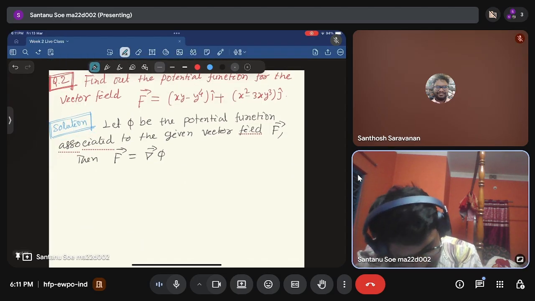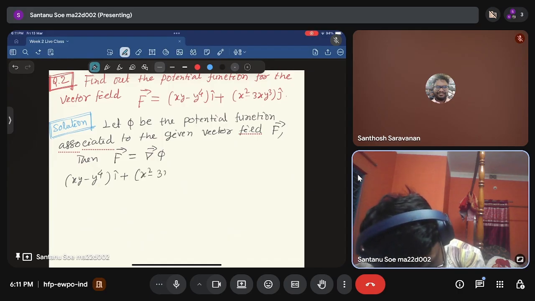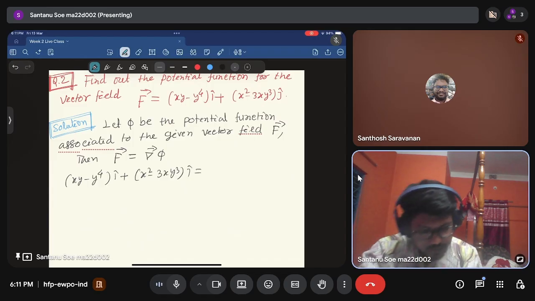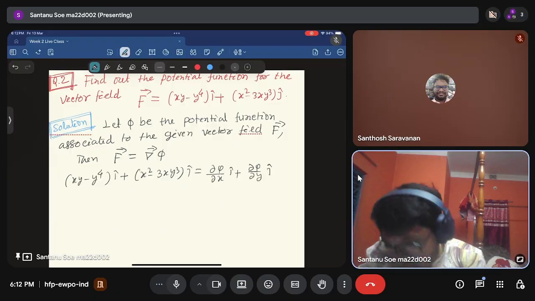So now what is F? F is given by (xy minus y to the power 4) i cap plus (x square minus 3xy cube) j cap, and this is the same as del phi by del x i cap plus del phi by del y j cap.